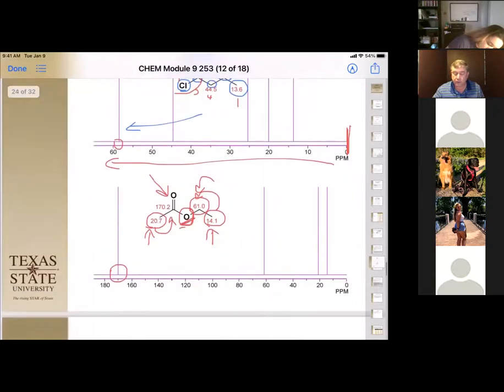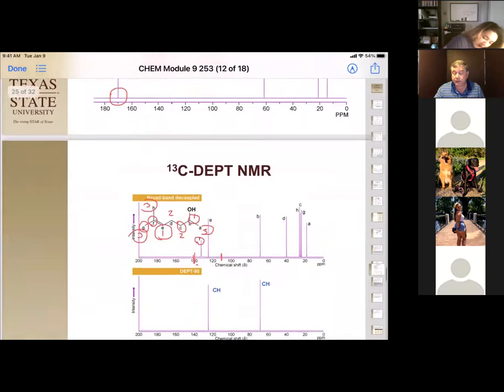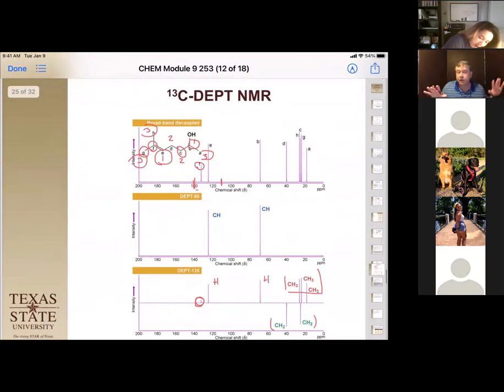So what I really want you to know about carbon NMR is you're going to look for 2 things: number of peaks of unique carbons and the relative shift position. And you should be able to figure out where it is. And then the DEPT experiment helps you identify which one has an odd number of hydrogens and which one has an even number of hydrogens.